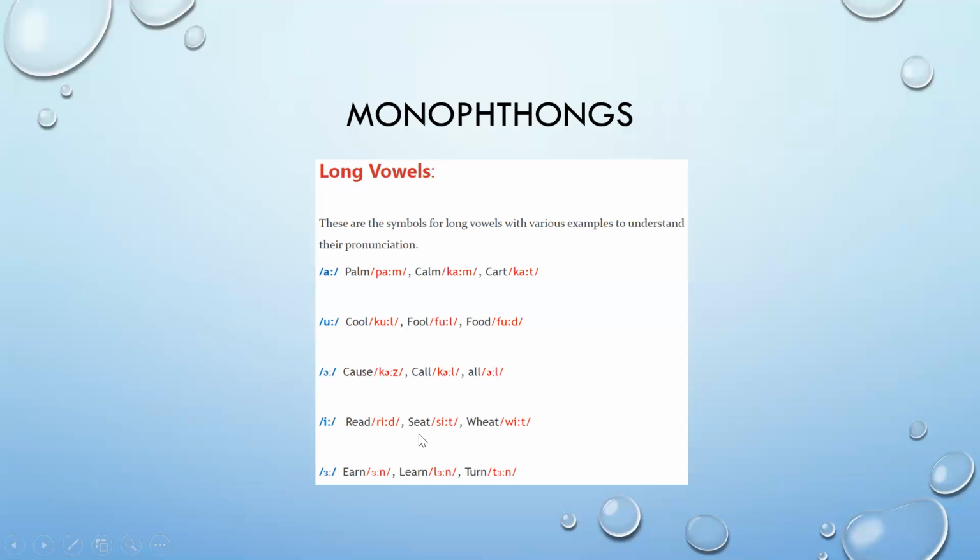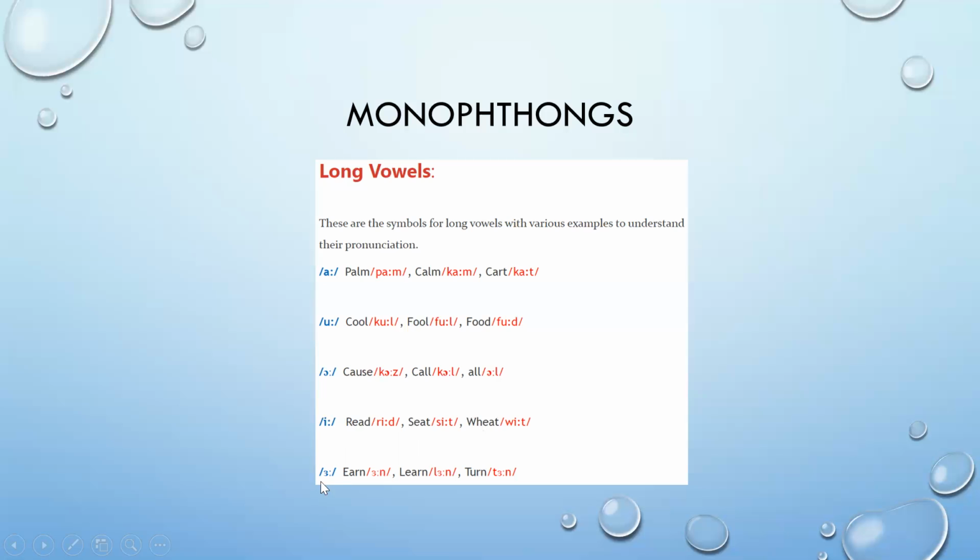E as in seat, e as in wheat, e as in zeal, e as in seal. These are some examples.